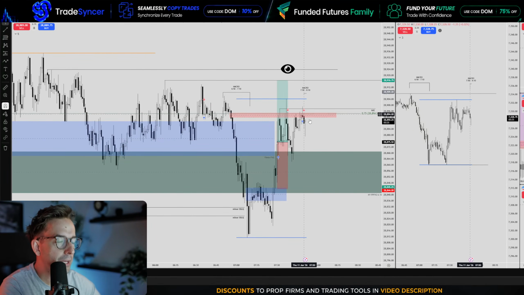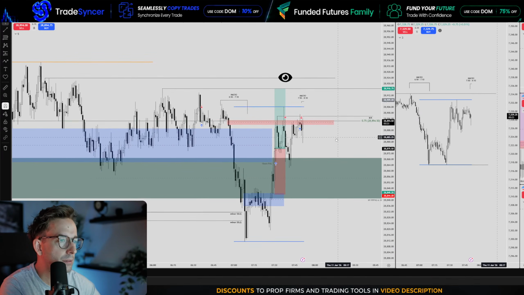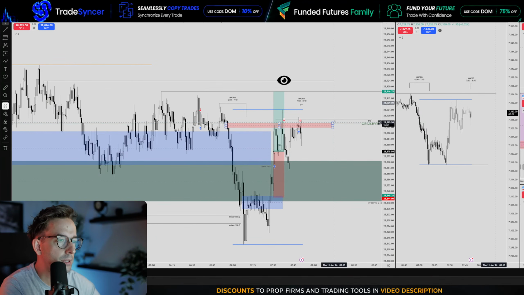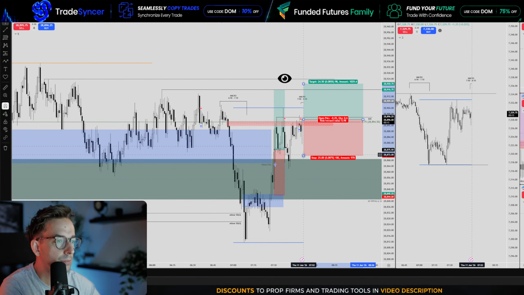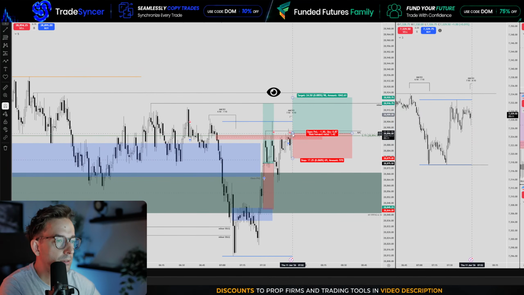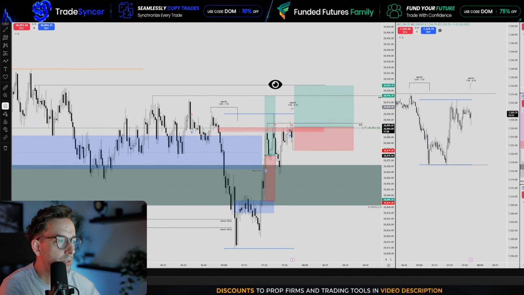Again, I'm a bit impatient, but here you go. That could be the push. The macro move. This is some 1 minute scalping here, guys. 1.71. 6 seconds. Will we get a closure above this level here?